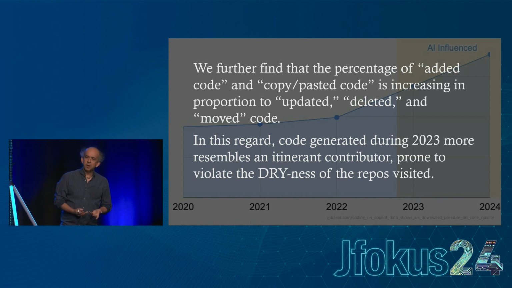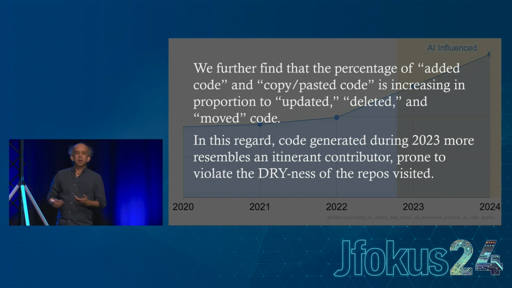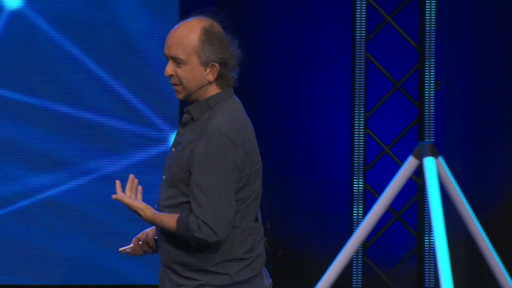Their question was, is using Copilot, and perhaps we can generalize to any form of AI assistance, like having a senior developer who is part of the team, part of the organization, vested in the architecture and the people, or is it like having a short-term contractor? It's like having a short-term contractor. Lots of them. In other words, we're already seeing this effect.